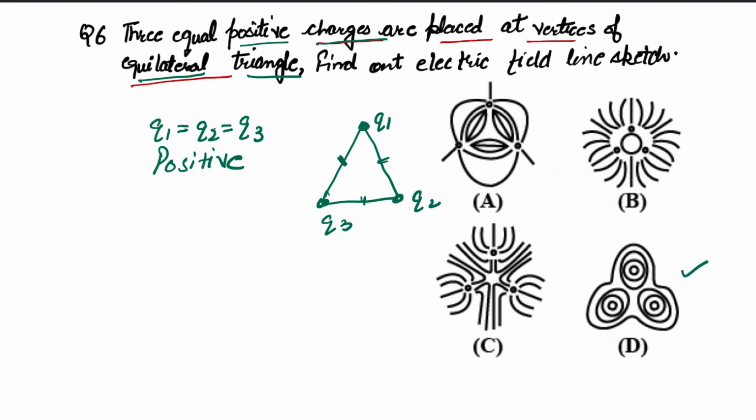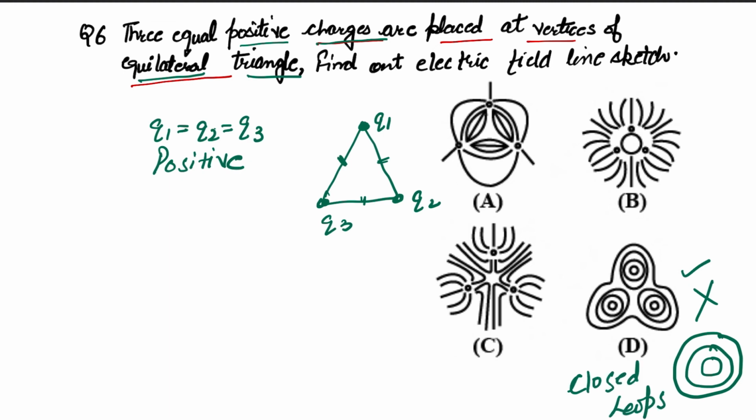If you look at option D, the electric field lines are forming a closed loop, which is not possible because closed loops are found in magnetic field lines, not in electric field lines. So one of the options is gone because electric field lines cannot make a closed loop. If you look at option A, the electric field line is starting from Q1 and it ends at Q2.